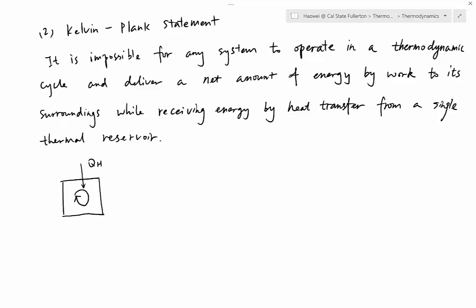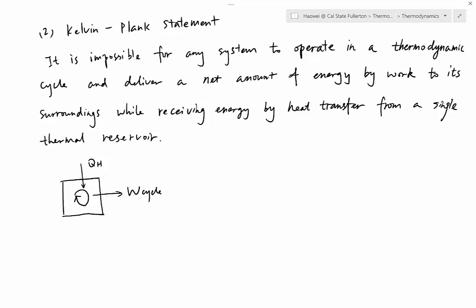Heat transfer happens from high temperature TH to the engine. And then you want to convert as much of QH to mechanical work, W cycle, as possible, to drive your car.